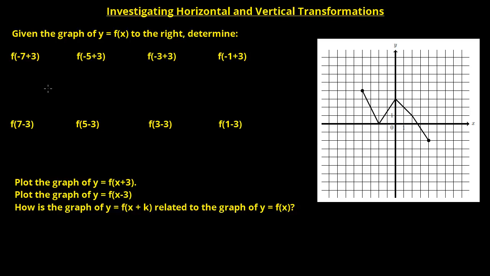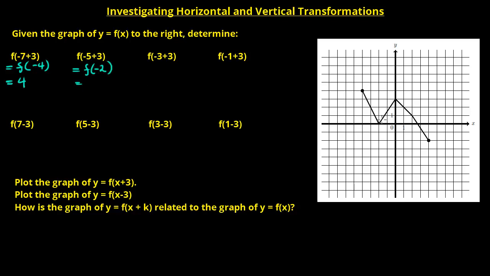So if we evaluate f of negative 7 plus 3, well that's the same as f of negative 4. So f of negative 4 is positive 4. So f of negative 7 plus 3 is positive 4. F of negative 5 plus 3, well, that's equal to f of negative 2.